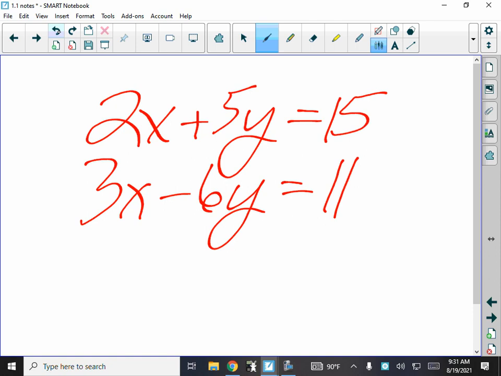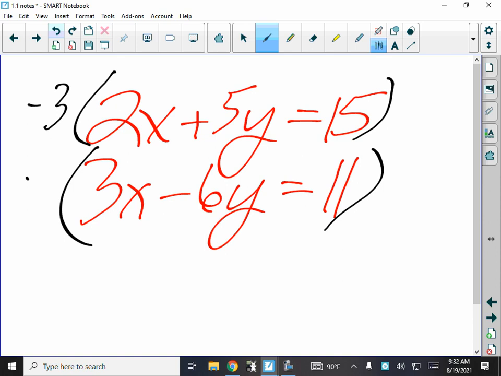Do you remember this? This one's kind of a headache, because if it's me, I'm just going to multiply the top by -3 and the bottom by 2, because I just decided on a whim to try to eliminate the x value. See it? I have to have opposite x terms of the same value. The top one's going to be -6x, and the bottom one's going to be +6x.